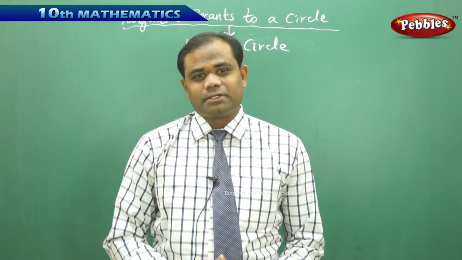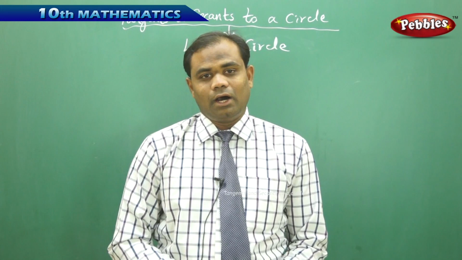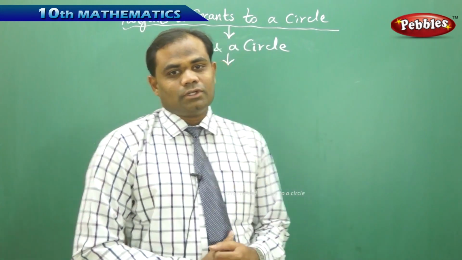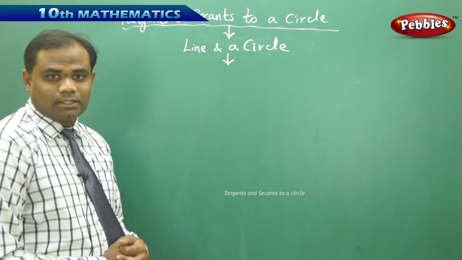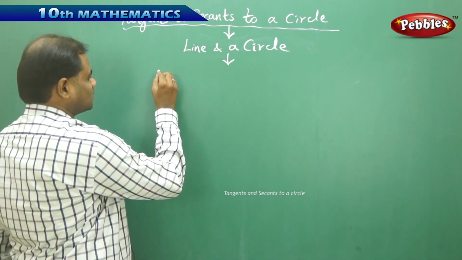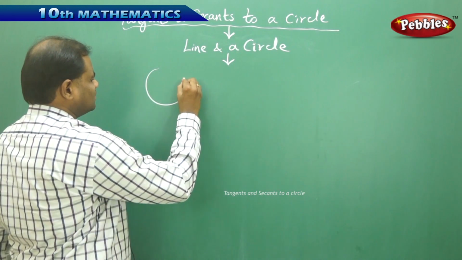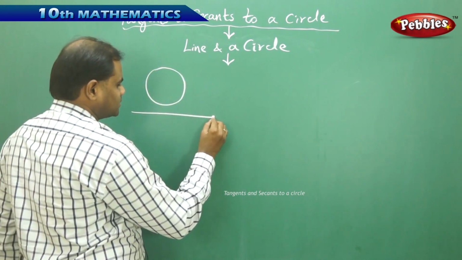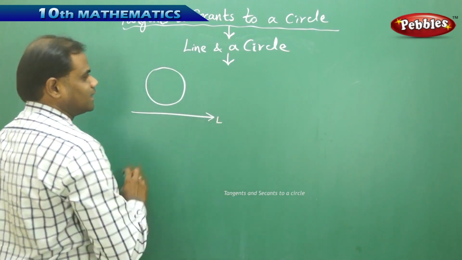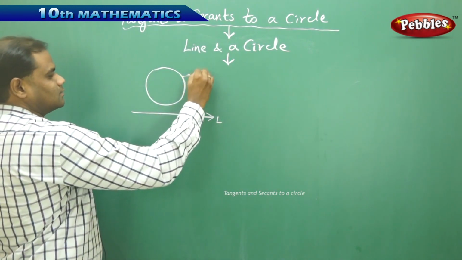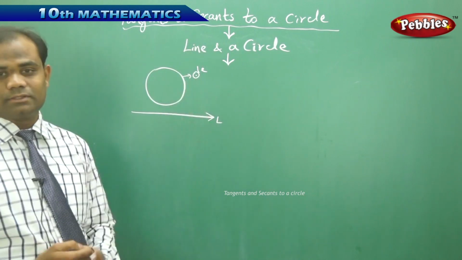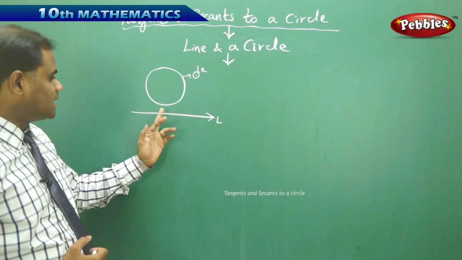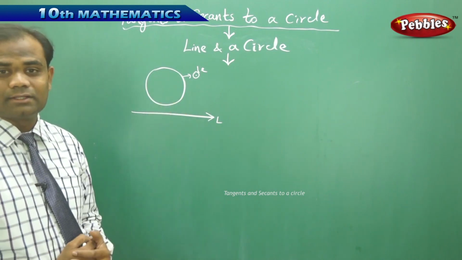So let me consider a circle and a line and see how different cases arise as seen in the previous session. Initially, to start with, case 1: I have a circle with a suitable radius and then I have a line which does not intersect. So this is the line L and this is the circle. For a circle and a line, here the possibility is that the line does not intersect the circle.